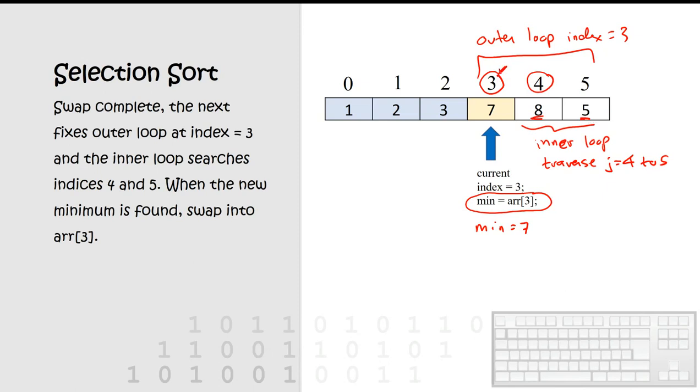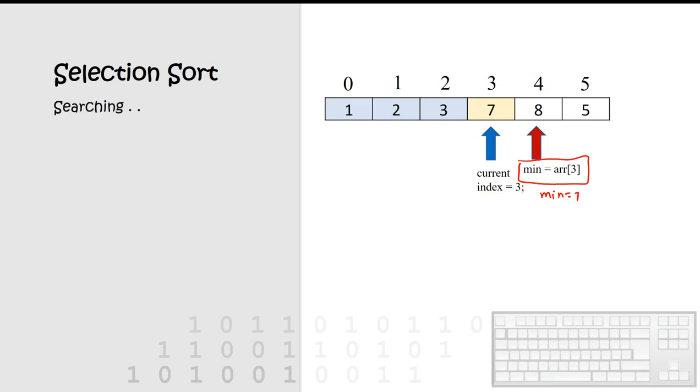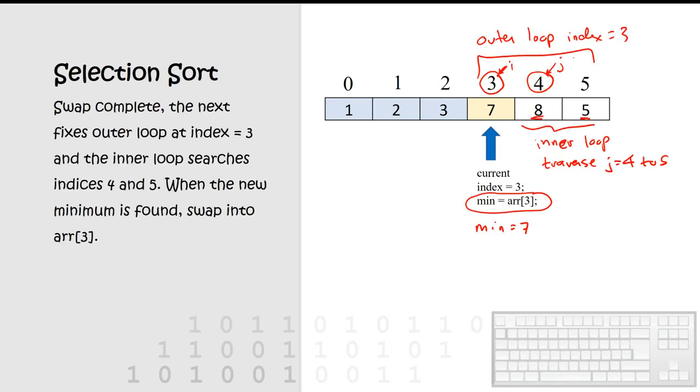So I is doing the indexing, j is searching everything. So that's why the j value has to be equal to I plus 1 on each iteration so that it's always ahead of the I value, and it can compare those to the current index. As we see 7, it'll compare 8 and 5 to it.